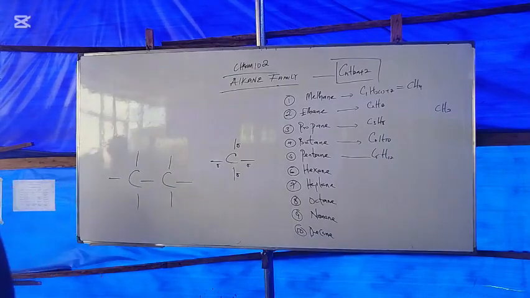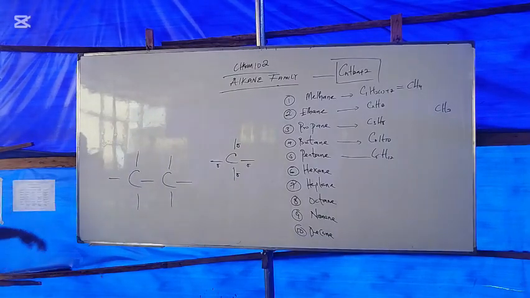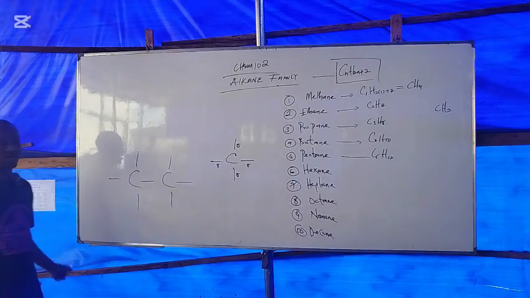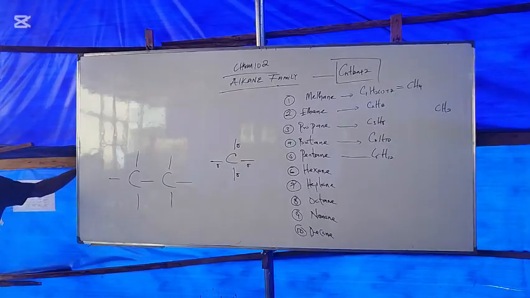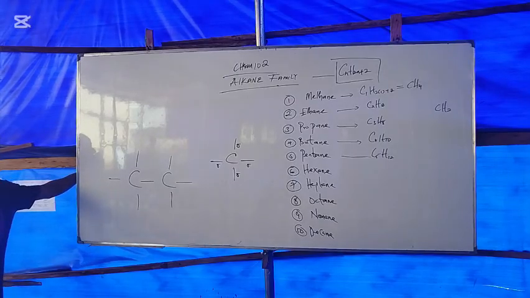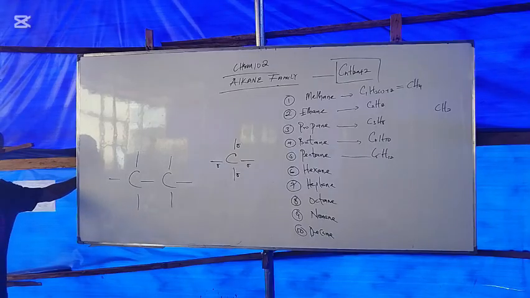Now, in a compound, we have two things that define the compound. We can have what we call the functional group and the alkyl group. If you are asked to define the functional group of Alkane, it's the single bond. The single bond represents the functional group. The functional group determines the main chemical properties of that compound.